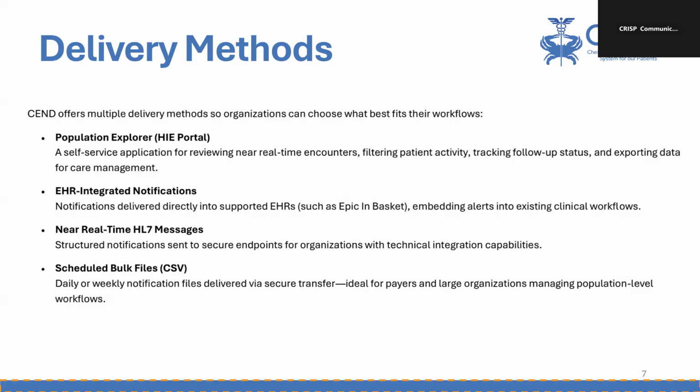It is a self-service application which allows you to do filtering on the near-time encounters and other notifications that you receive in the tool. You can track follow-up status by using the follow-up feature in that tool, and you can export this data in various formats that allow you for greater data analysis if needed.